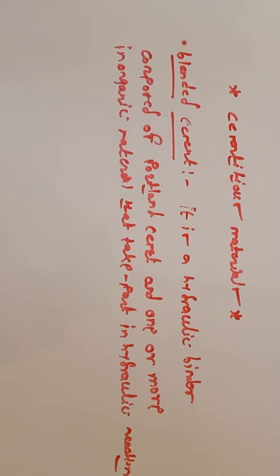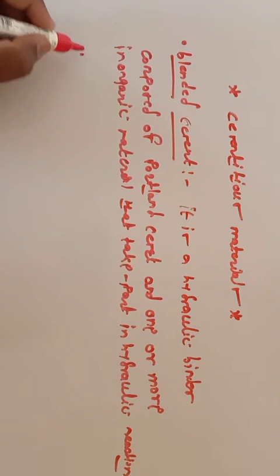So this is another definition of blended cement. That is, it is a hydraulic binder composed of Portland cement and one or more inorganic materials. We already discussed these materials: silica fumes, fly ash, limestone, and slag.